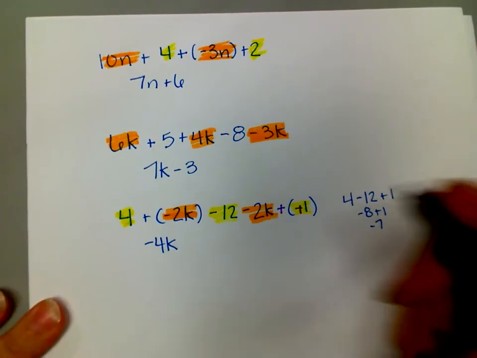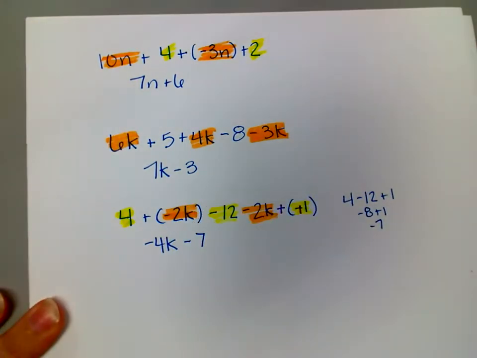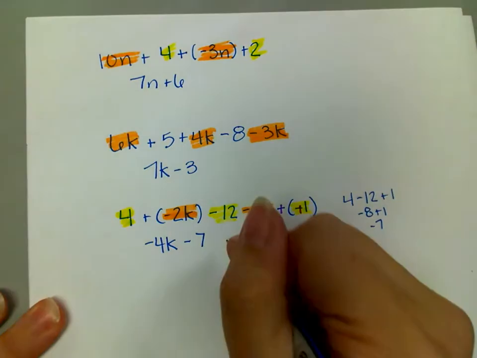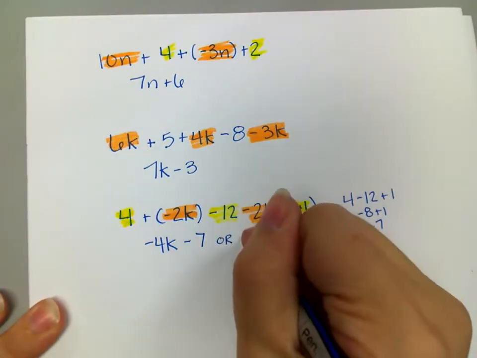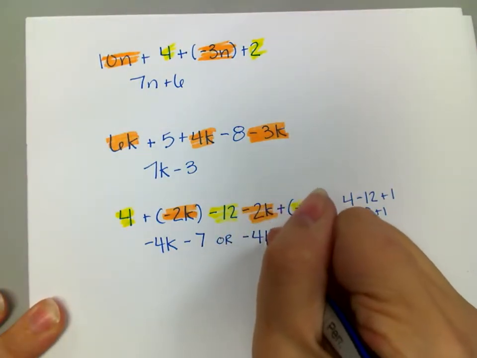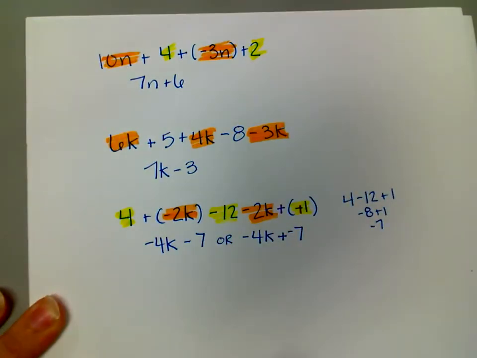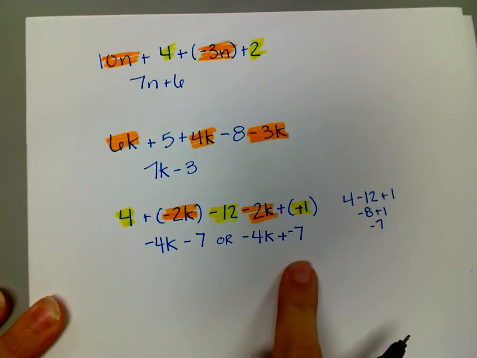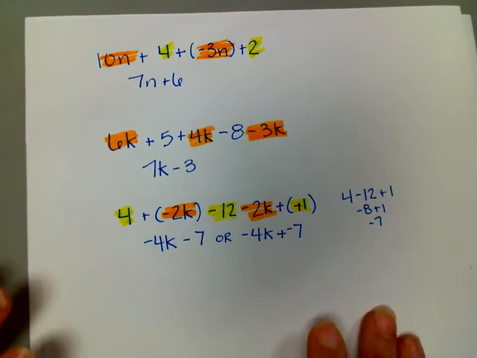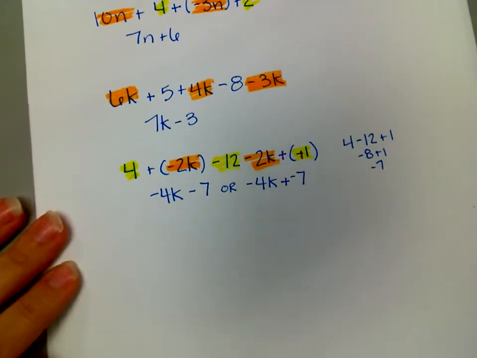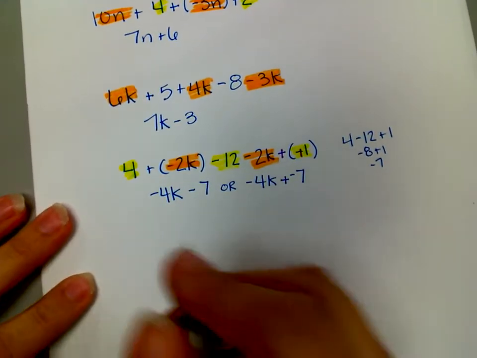So that's going to be minus 7. Question, is it okay to say negative 4k plus a negative 7? Yes, these are the same things. That's fine. I'd prefer it that way, but this is equivalent. It's the same thing.